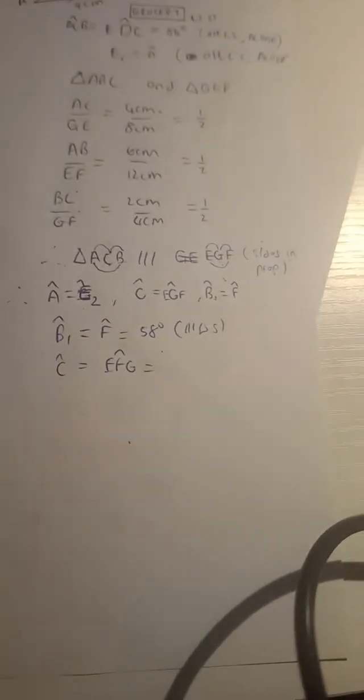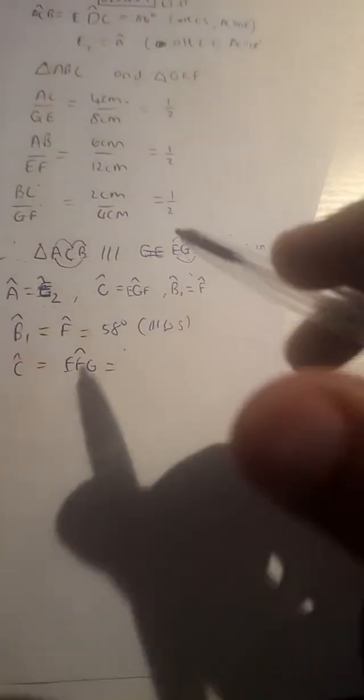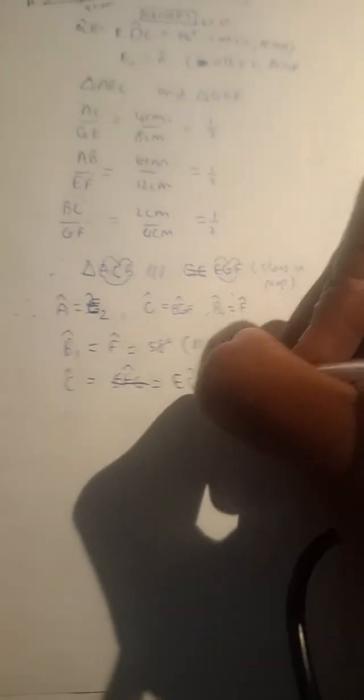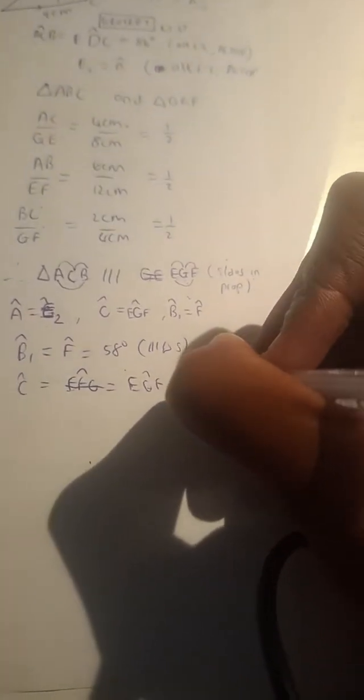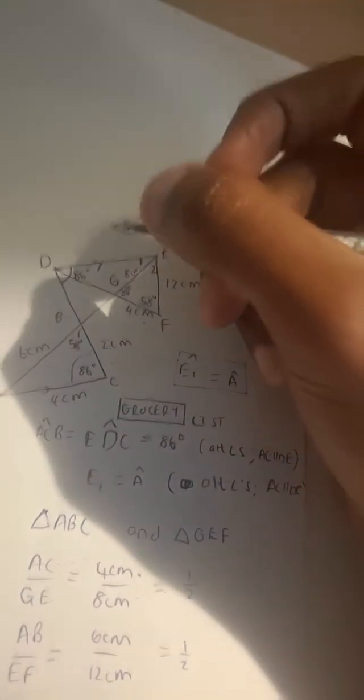Angle C is equal to angle EGF. What am I saying here? EGF. So angle C is 86, so that means that's also 86 degrees. That's on the basis of similar triangles. So I'm updating my diagram as I go ahead.